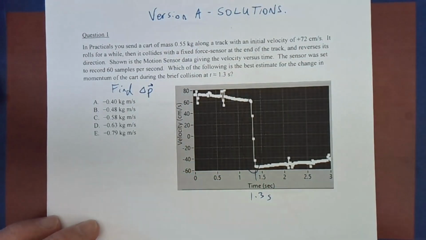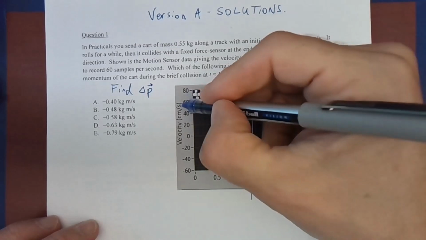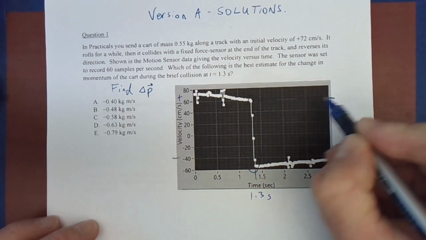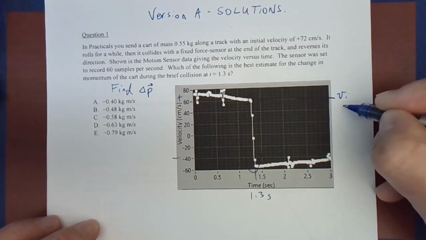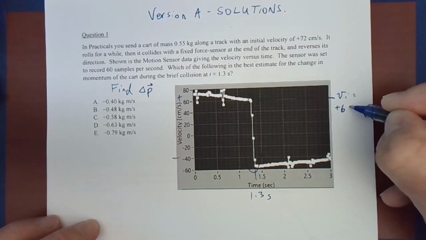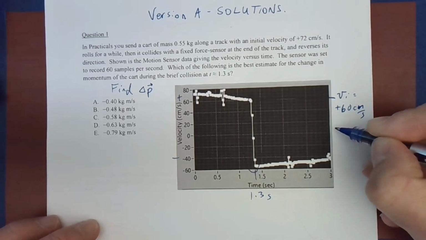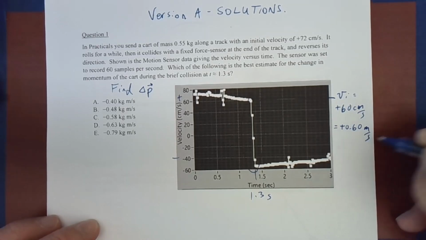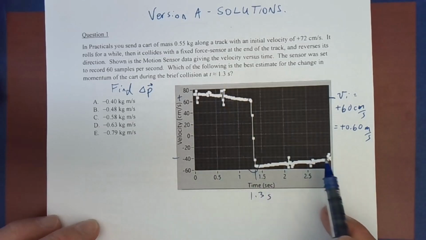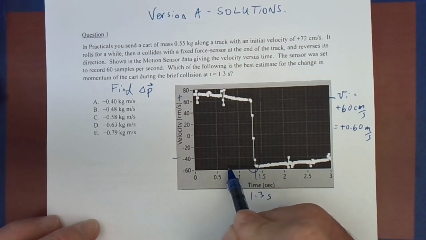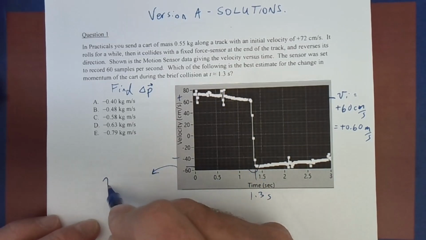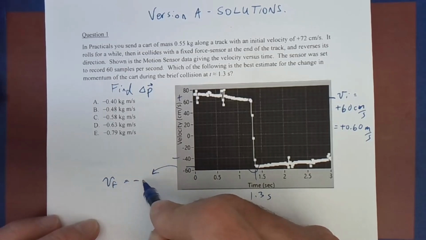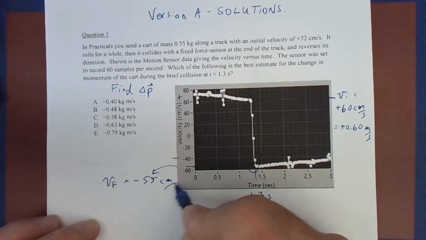And remember, P is a vector. So it starts off positive, goes to negative. Let's try to estimate here. I guess V initial is going to be plus 60 centimeters per second, which is equal to plus 0.60 meters per second. And then just after the collision, it seems like V final is maybe negative 55 centimeters per second.